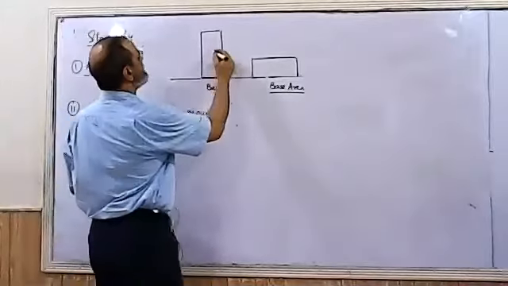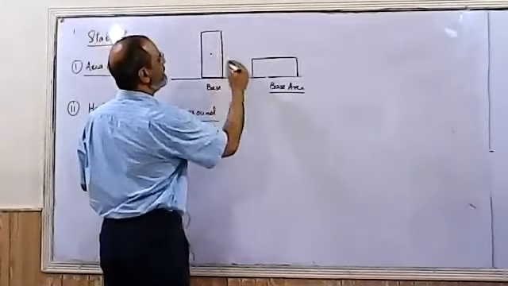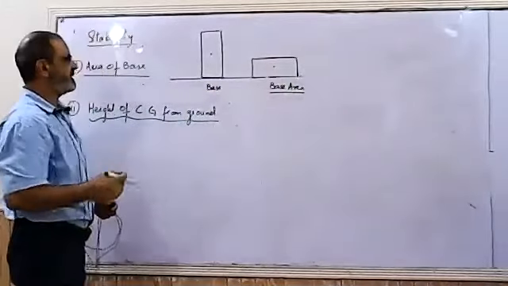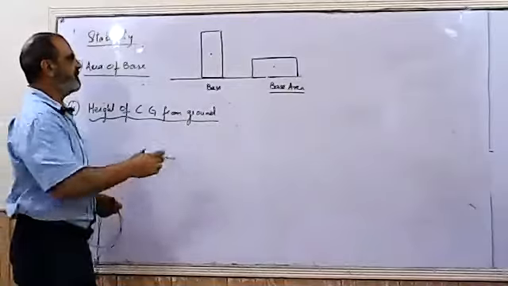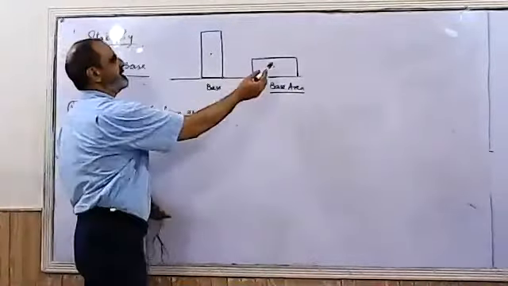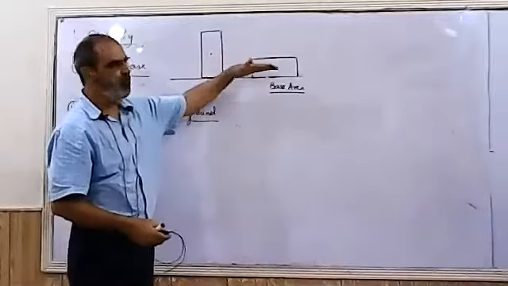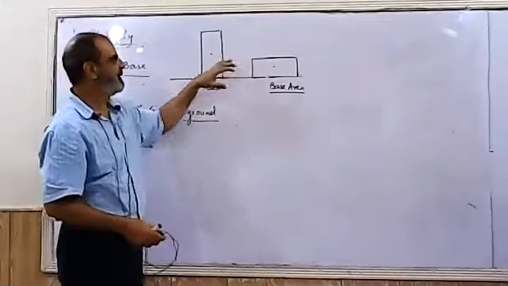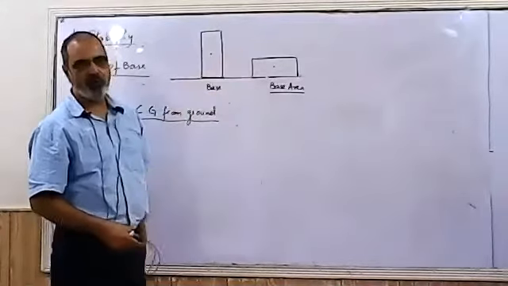In this case, its center of gravity lies here. So in the first object, the center of gravity is higher than the second. The second one is more stable. When the center of gravity is lower, it makes the object more stable.